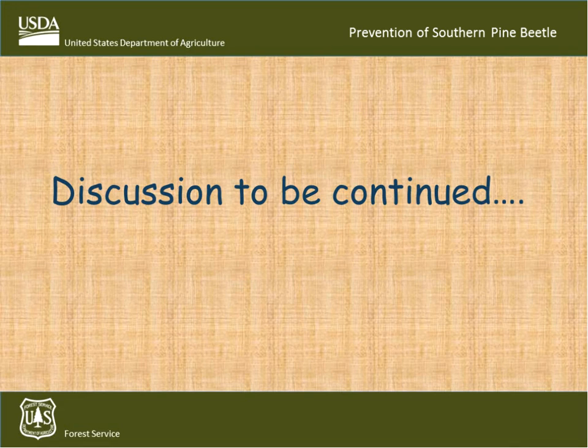Is there a time during the year that thinning can increase susceptibility to beetle attack from SPB or IPS? With IPS, I don't know that I would thin during an active outbreak. You want to have the least amount of stress on your trees as you can.